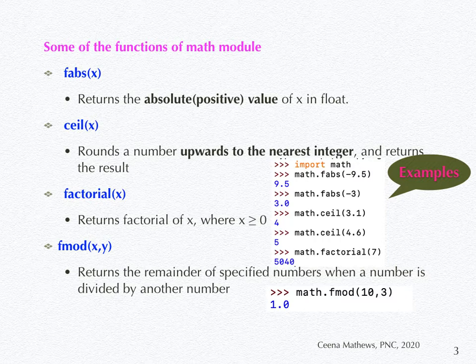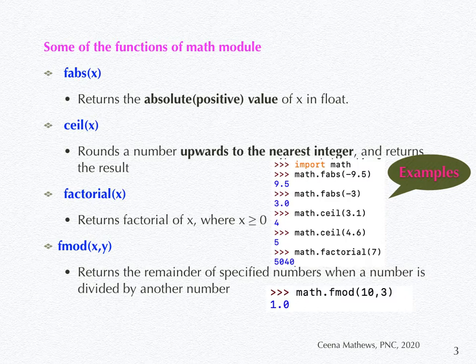The next function is fmod. This is used to find the remainder of a division, that is, it returns the remainder when a number x is divided by another number y. Though we have the operator percent for this purpose, you can also use this function to find the remainder.